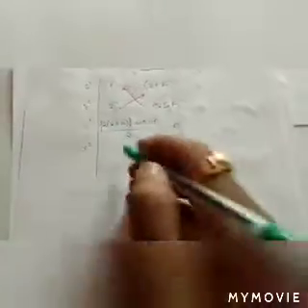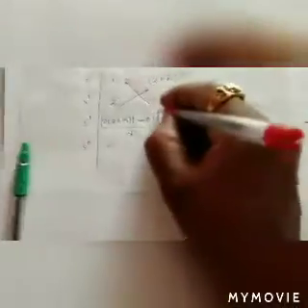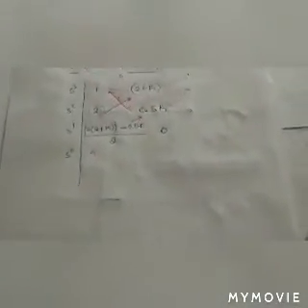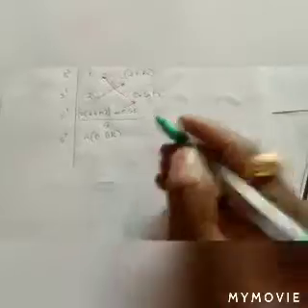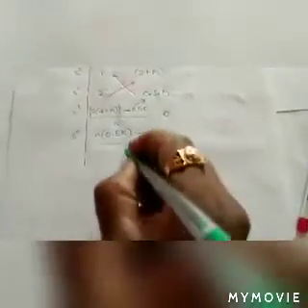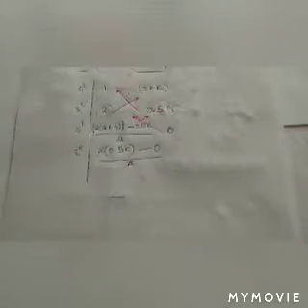This whole term I will consider as a. Then a into 0.5k minus 2 into 0, whole divided by a, right? So this a and a will get cancelled, and we will get only 0.5k.